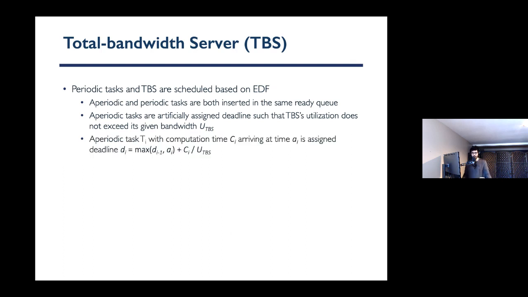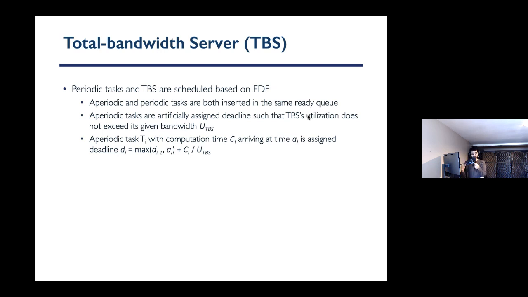So in essence, what do we want? For aperiodic tasks, we're going to artificially assign them deadlines. But again, the trick here is that we don't want the utilization to exceed, in the worst case, let's say, 100%. But let's say in the example I said, you know that for your periodic tasks, you have 70%. Now there is 30% left of utilization.